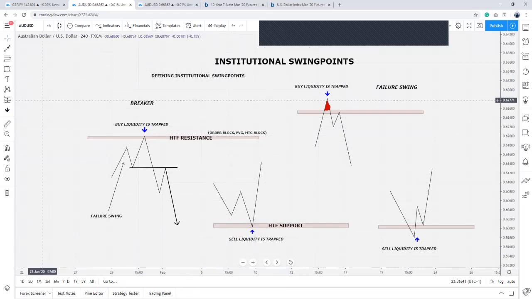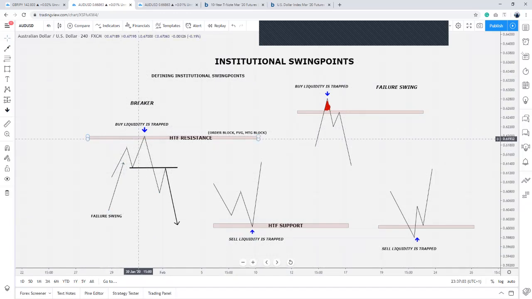Now, one thing about the breakout is that it's the best setup you can get, because the breakout gives you the most premium market and the most discount market. Because if you're able to get a move in line with the breaker at the top, you're getting that move where the central banks add your orders.